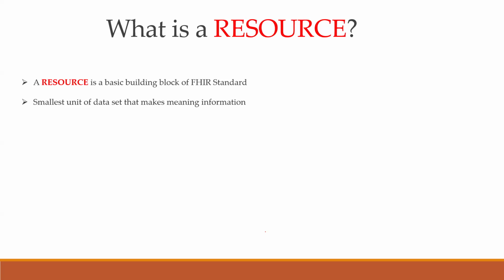These basic details together become one small unit, and that small unit of data set is called a resource. In this way, there are many different data sets in the hospital clinical ecosystem.